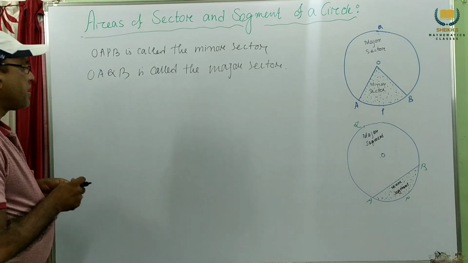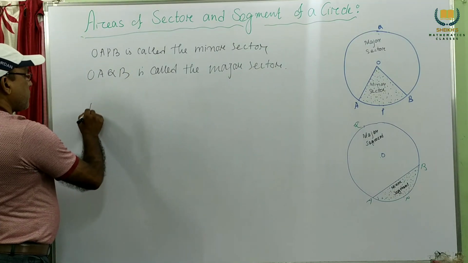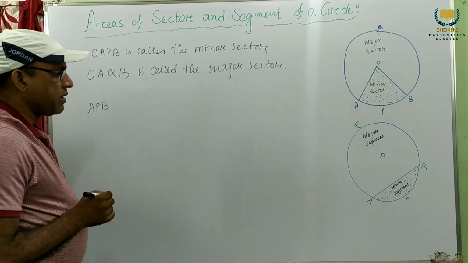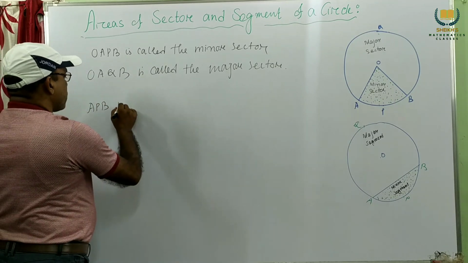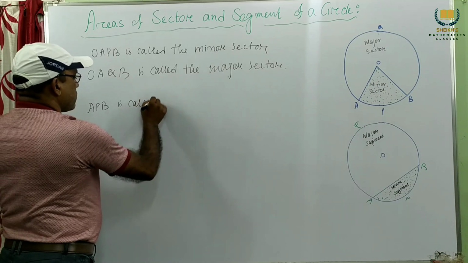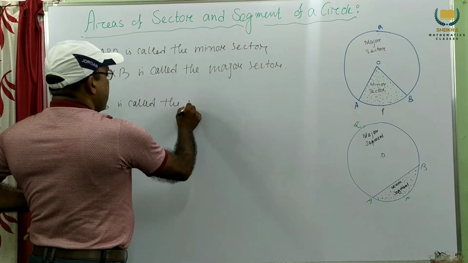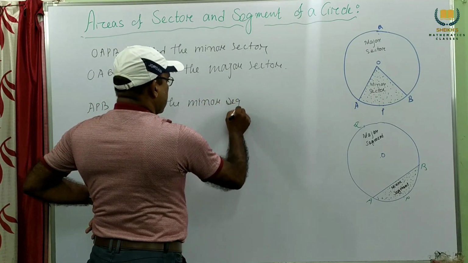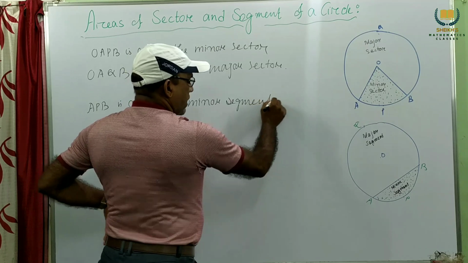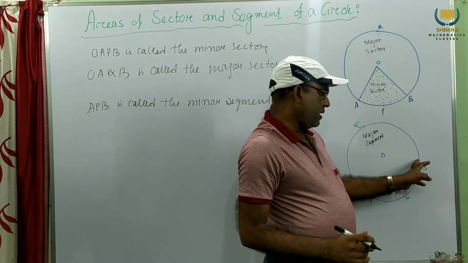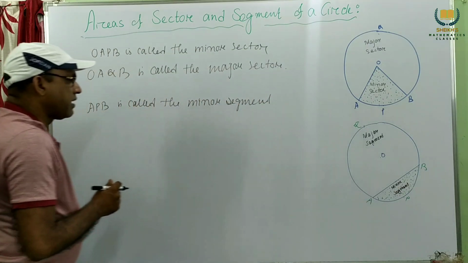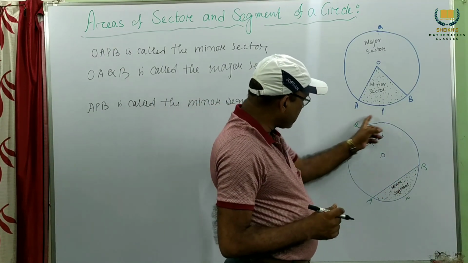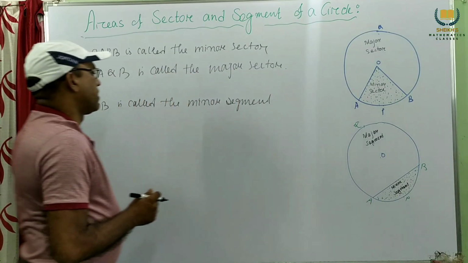So APB is called the minor segment, and similarly here also you get this chord, and with this is major segment.